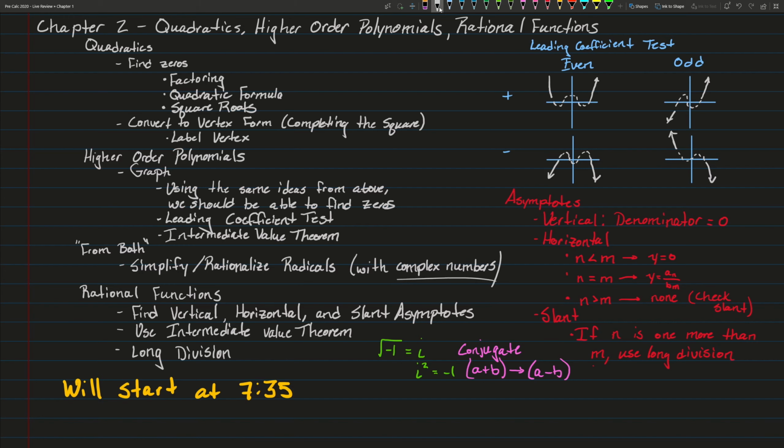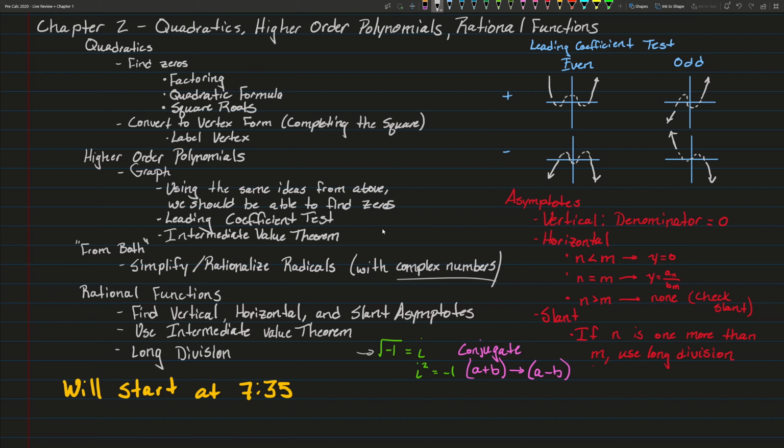That complex number is that i down here. And then the last topic was rational functions, which is what we just finished doing. That is finding the vertical, horizontal, and slant asymptotes, and then graphing them using the intermediate value theorem and long division if we need to. So all of this is what we've worked on the last month or so.